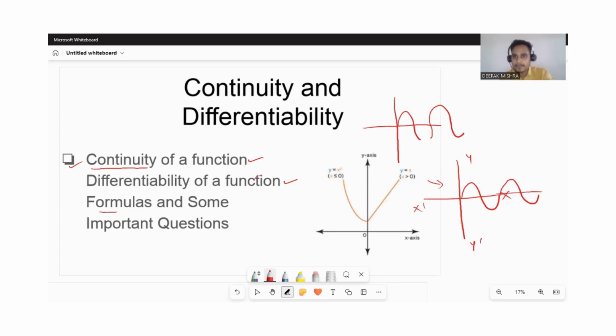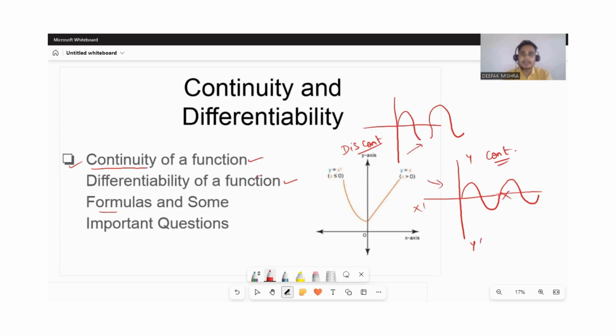Here I stop, and from that stopping point, I make a curve again. Now here is a breaking point while making a curve. Then we can say that this curve is discontinuous, and this is a continuous curve.